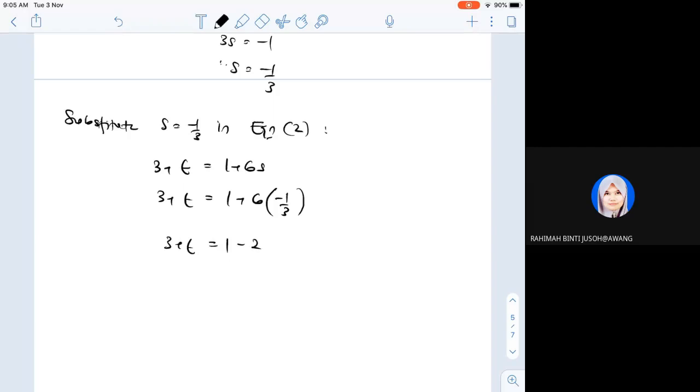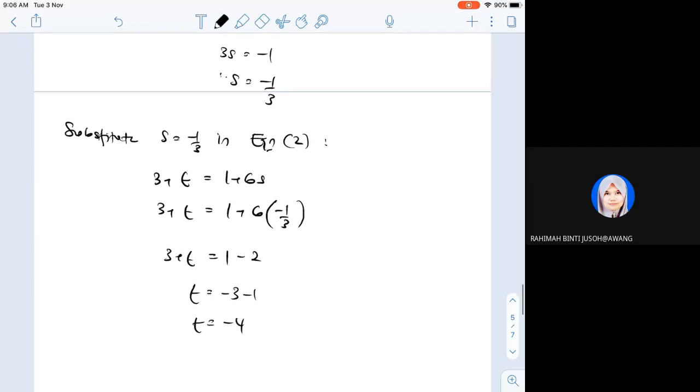So t equals negative 3 minus 1. t equals negative 4, right? Guys, if I calculated wrongly, let me know. Did you get this? Negative 4, yes, okay.